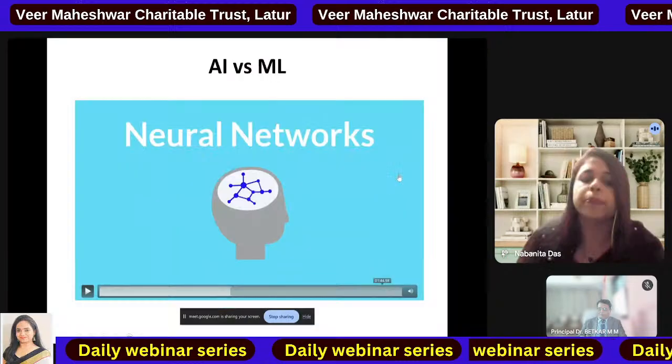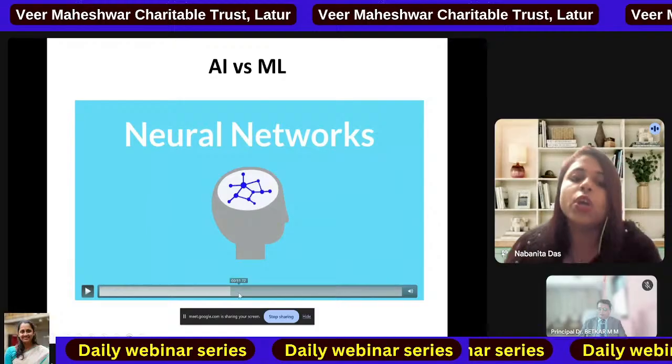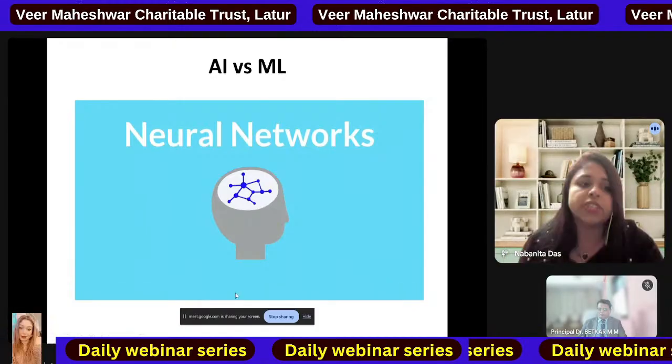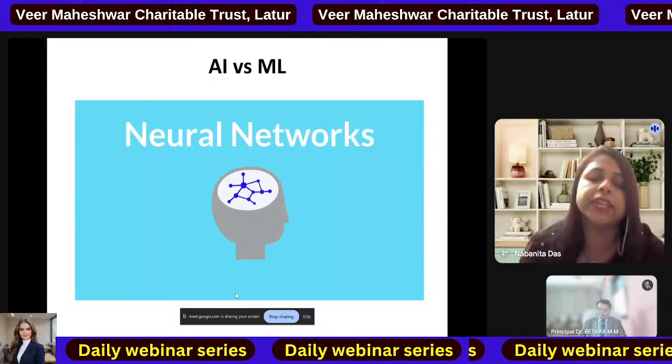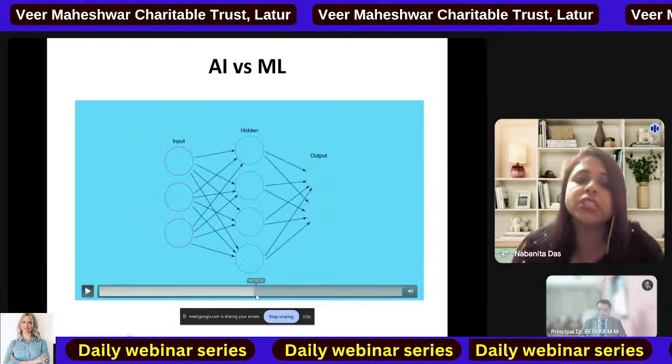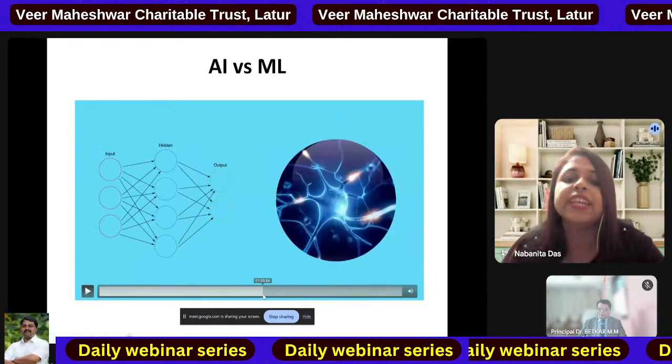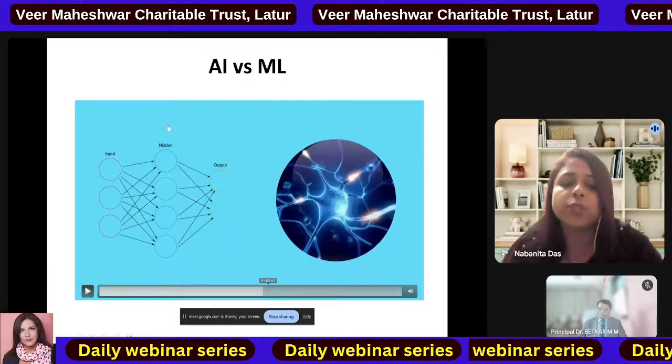Those neurons basically follow that neural architecture. Now in machine learning also, suppose we have a very general problem, we can easily solve it using machine learning. Now if the problem is very complex and we need the help of several neurons, then we can move to this type of architecture, that is the deep learning architecture.